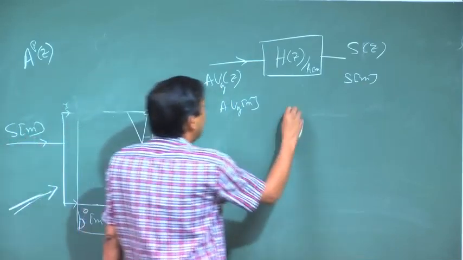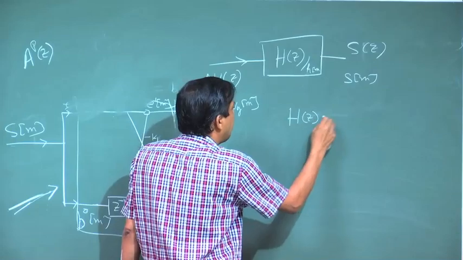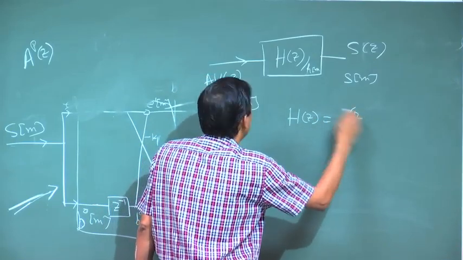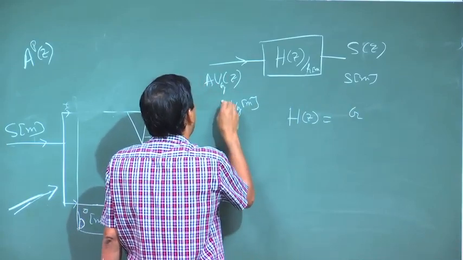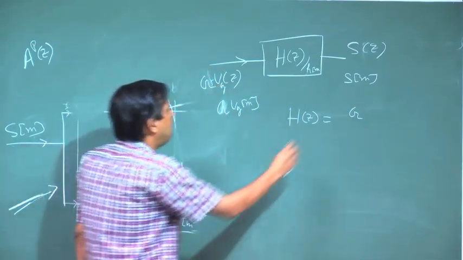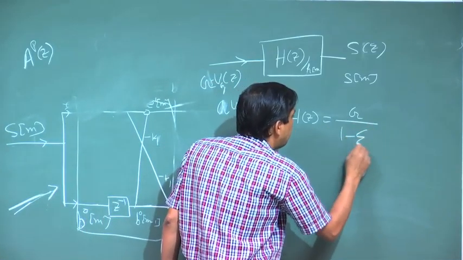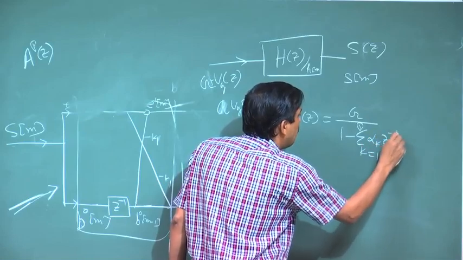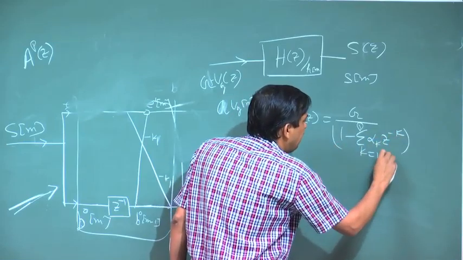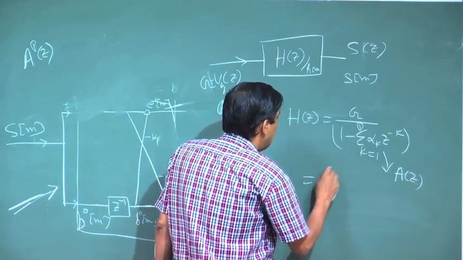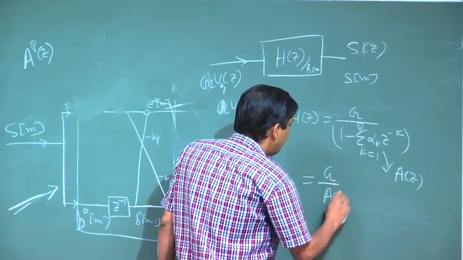What is H(z)? It is a gain, A or G, divided by 1 minus the sum from k equals 1 to P of alpha k z to the power minus k. This denominator is the prediction error filter A(z), so H(z) is G by A(z).